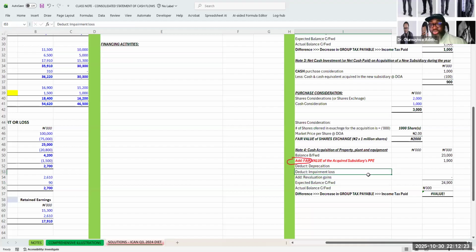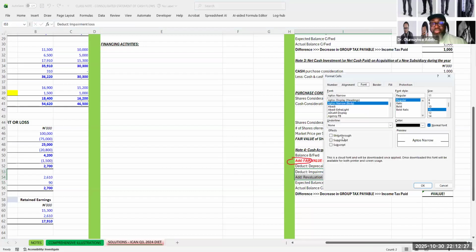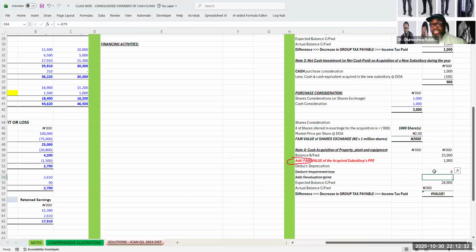But these other two did not exist. Therefore, I'll strike them out and put 0, 0. I did that just for the purpose of our knowledge.